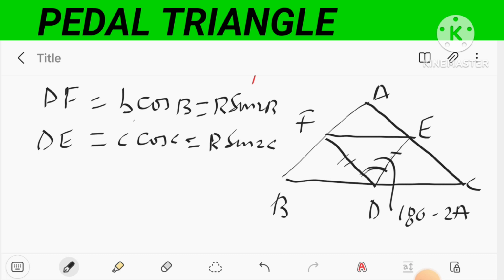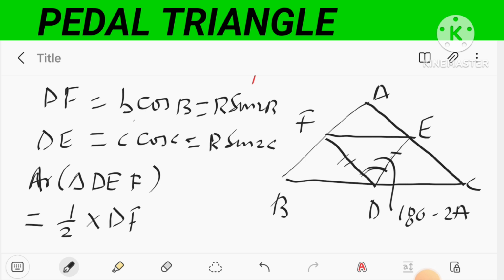Therefore, you can find the area of triangle DEF. Area of triangle DEF is equal to 1 by 2 into DF into DE into sin of 180 minus 2A.